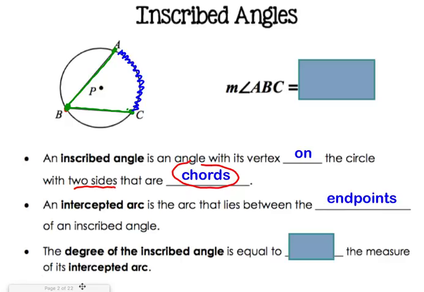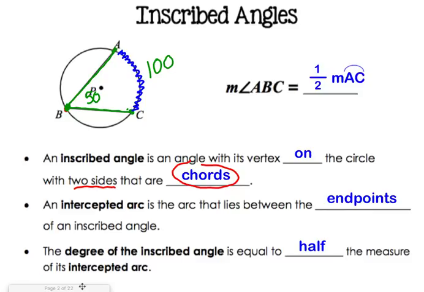The degree of the inscribed angle is equal to half the measure of its intercepted arc. So if we pretend that, let's say, AC is 100 degrees, then that would make angle B 50 because it's half as big. So the measure of angle ABC is half the measure of arc AC. So today we're either going to multiply by 2 or divide by 2. It's really that simple.